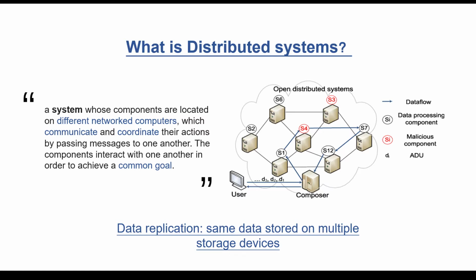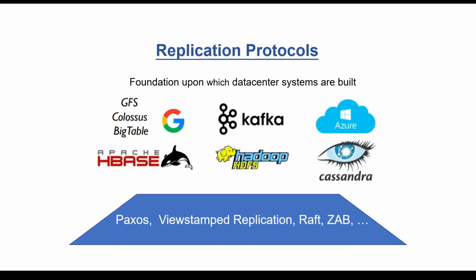The same data needs to be stored on multiple storage devices. And just like networks, this system also needs replication protocols. That is the foundation of data center systems nowadays, and is widely used in many cloud computing systems.